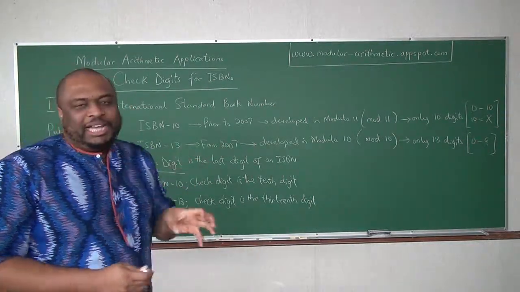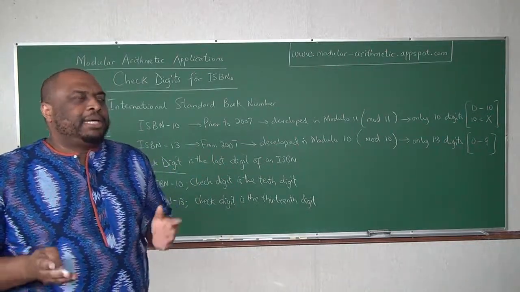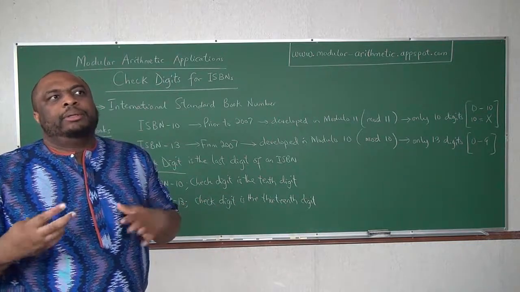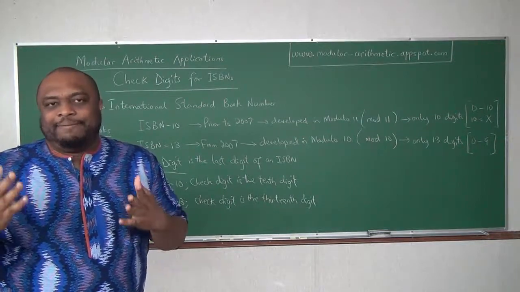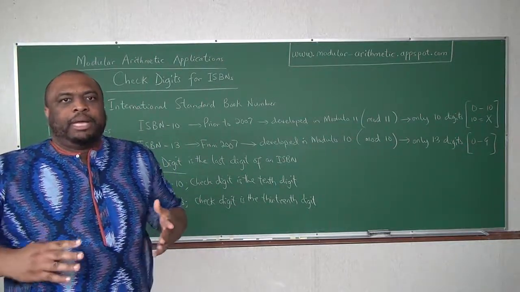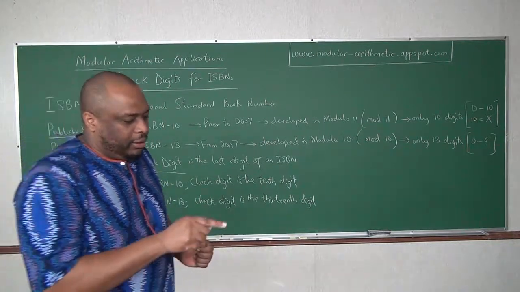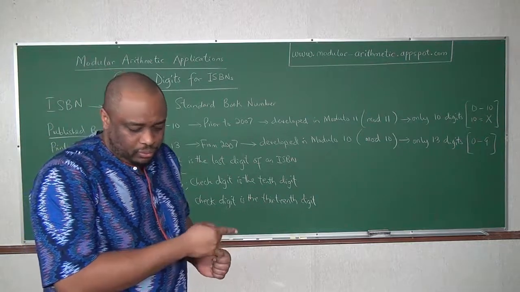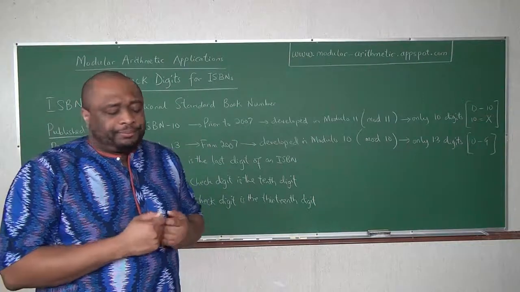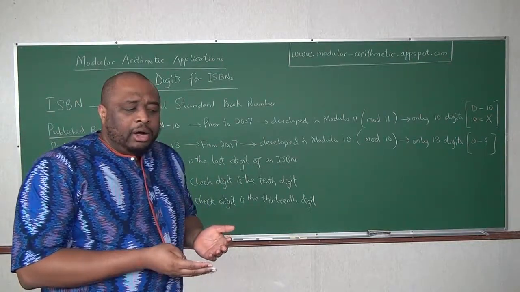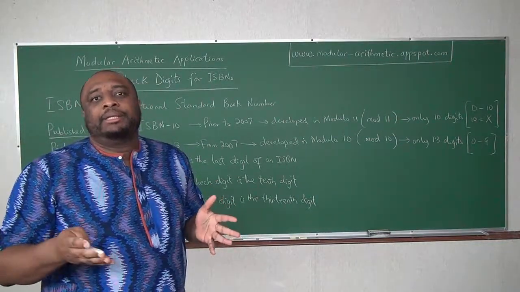Now, the check digit is important. Why is it important? Number one, it determines whether an ISBN is valid or not. So if they give you the 10-digit ISBN or the 13-digit ISBN, calculate the whole thing.